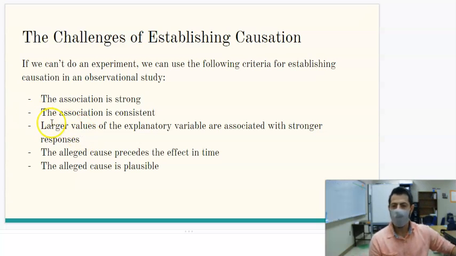So those very large values associate. So this is one of those instances. It's unethical to perform an experiment with the globe to see if the globe gets too warm whenever we have too much carbon dioxide gas. But because we have a whole lot of data that fills all five of these categories, many scientists are able to say there is a causal relationship between CO2 gas and global warming, if you will, climate change.